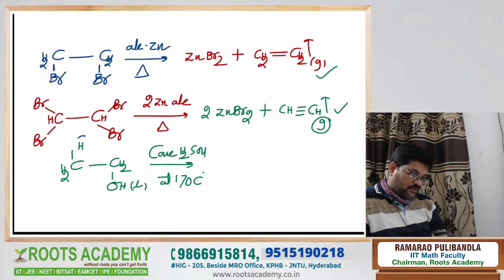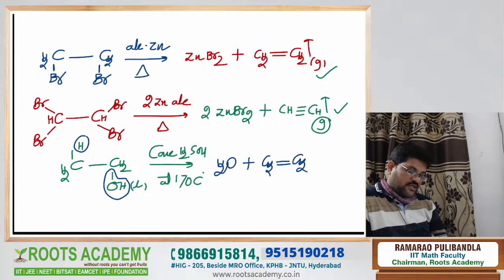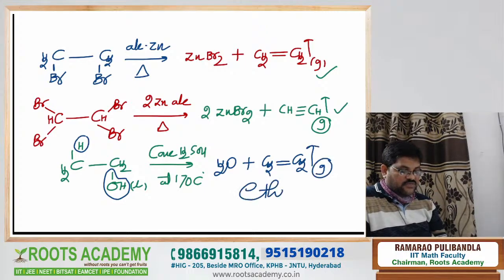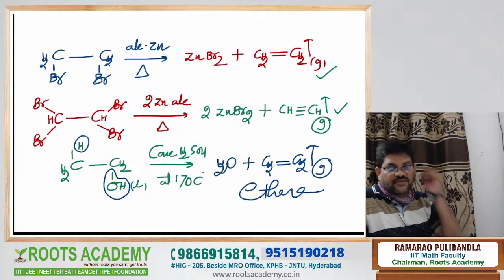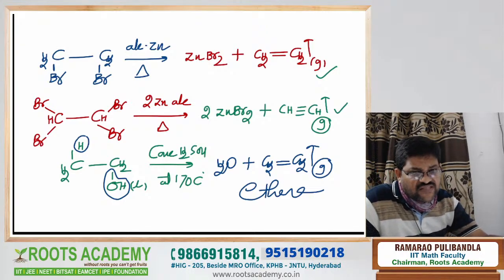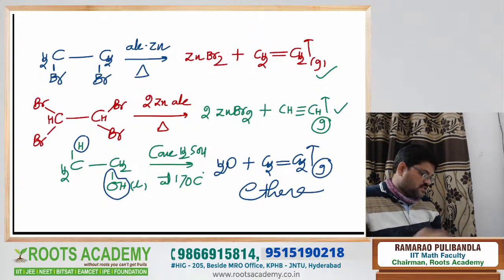Here H plus, here OH minus. Loss of water, and you get CH2=CH2, ethene gas. Examples of elimination reactions are given like this. Easy explanation, no confusion. Just refer to the example.